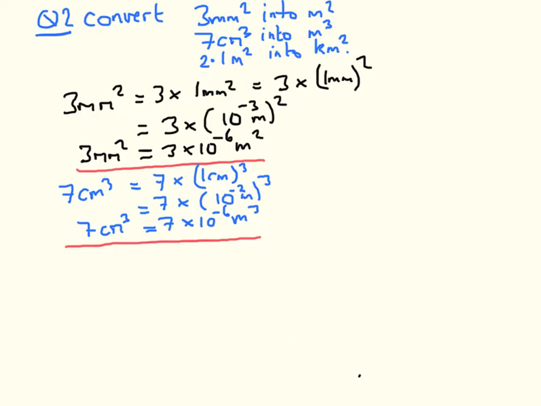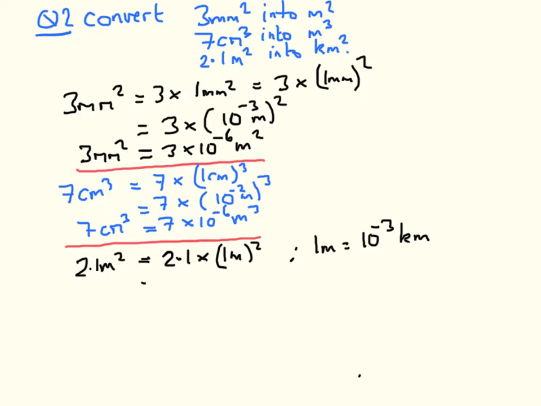So we have 2.1 square meters. That's 2.1 times 1 meter squared. And remember that a kilometer is 1,000 meters, so 1 meter is 1,000th part of a kilometer, and it's 10 to the minus 3.